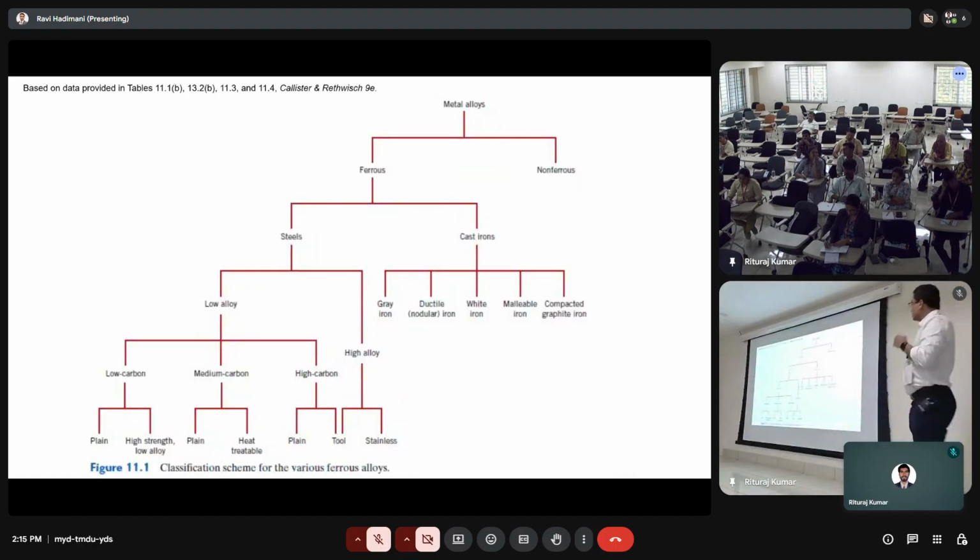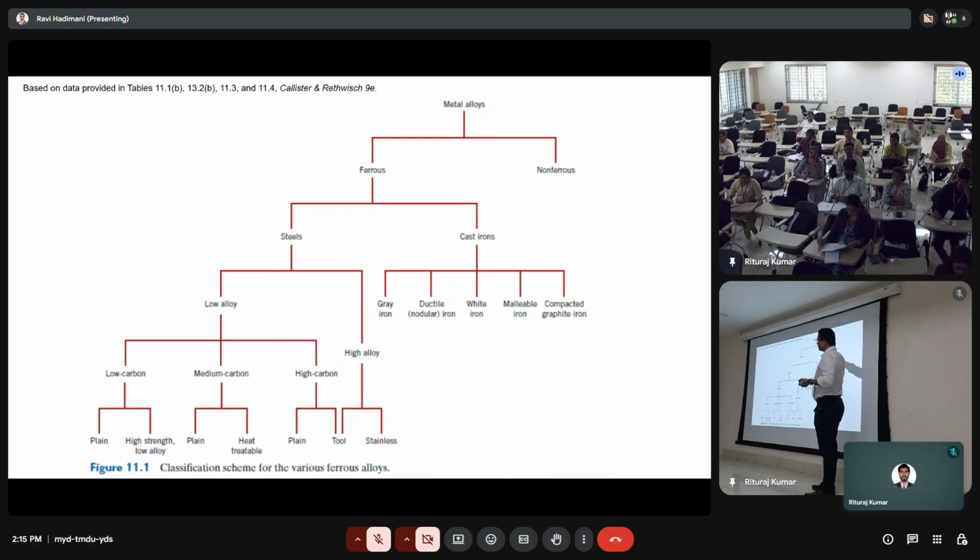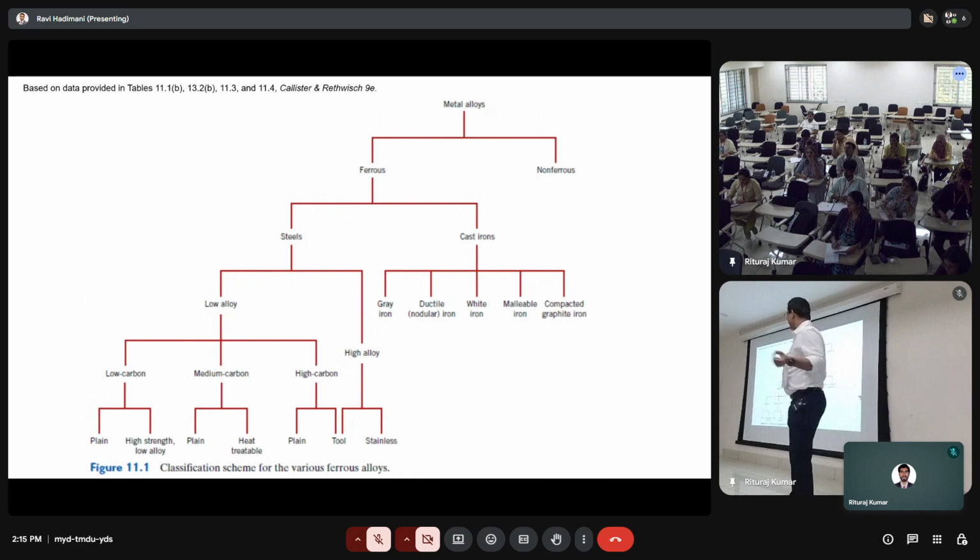So now we already talked about ferrous and non-ferrous. Metal alloys are broadly classified as ferrous and non-ferrous, but I think it's a very steel-centric classification. I mean, why only?